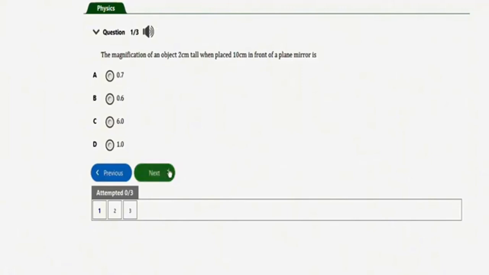The next repeated question is this question. It says an image in a convex lens is upright, magnified 3 times. If the focal length of the lens is 15 cm, what is the object distance?